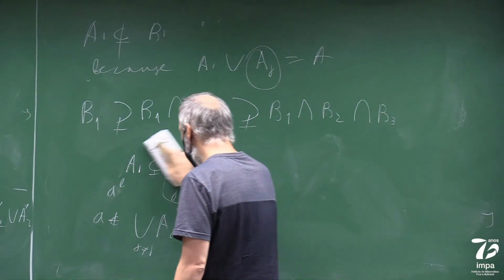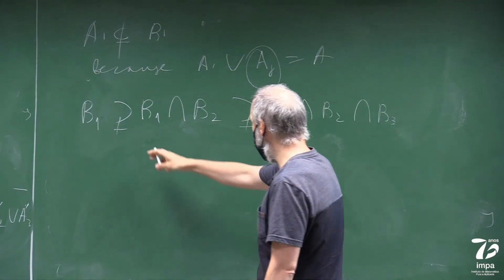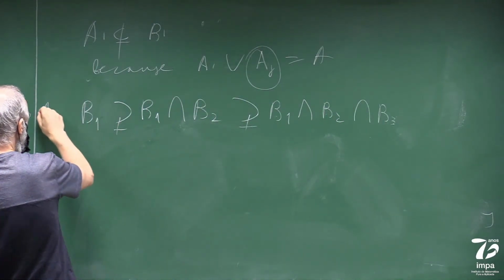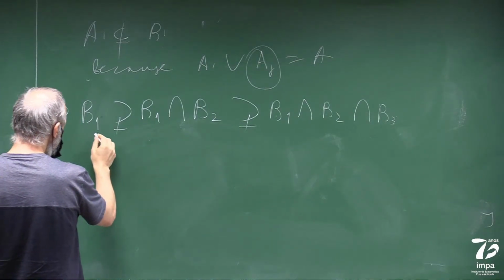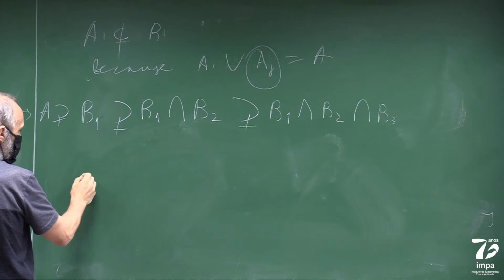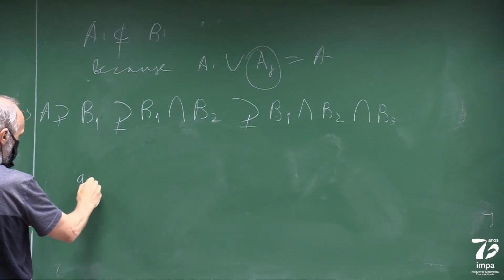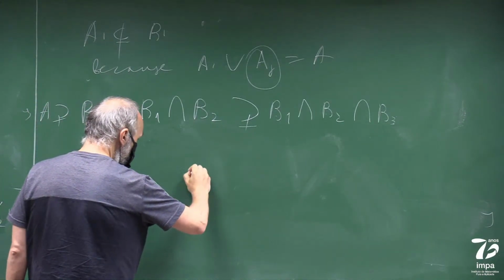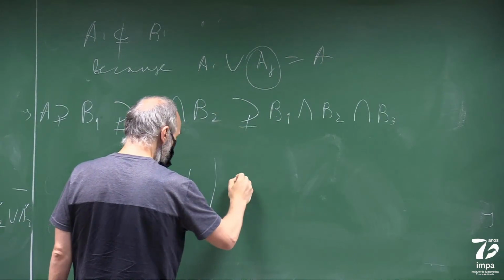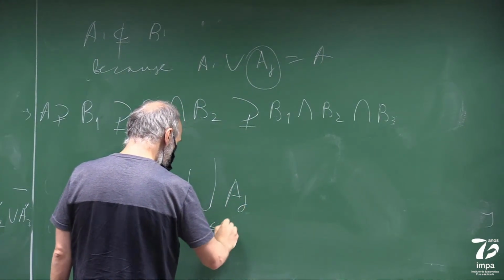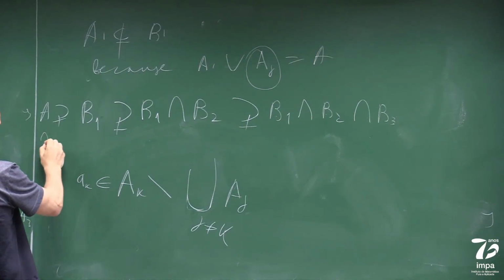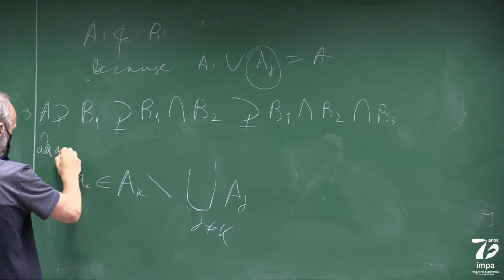So now we want to look at this chain. So this is A, actually A contained there. So choose a point a small k, which belongs to Ak without the rest. So this contains all Ak.